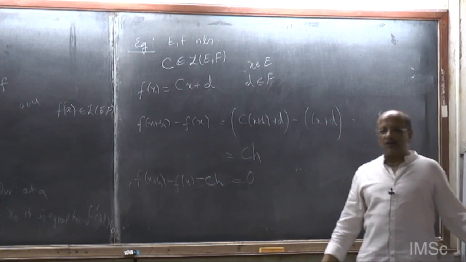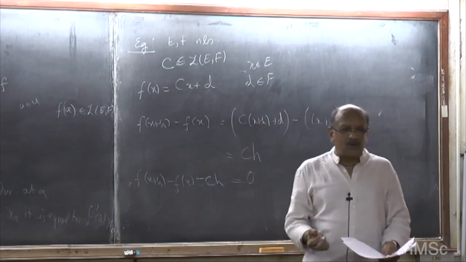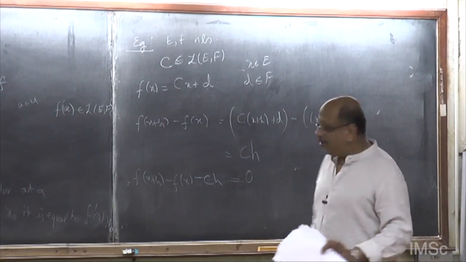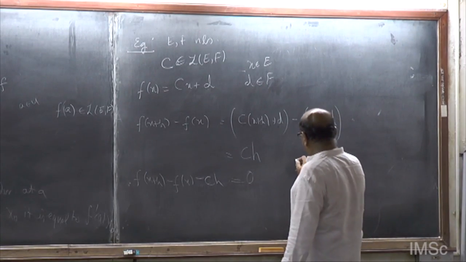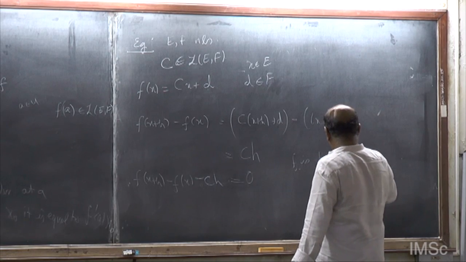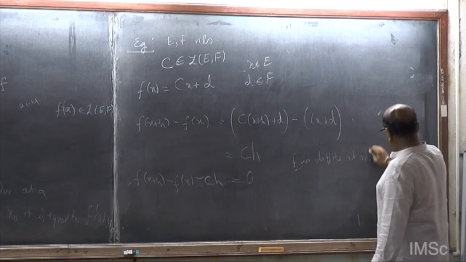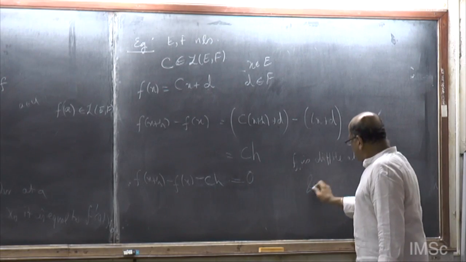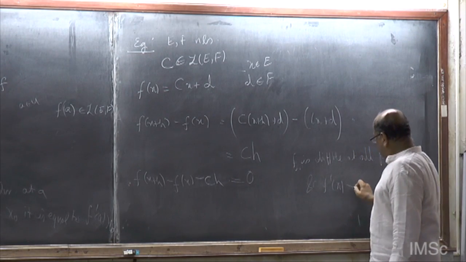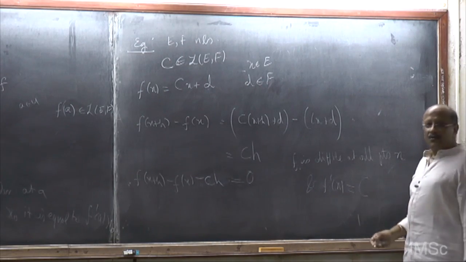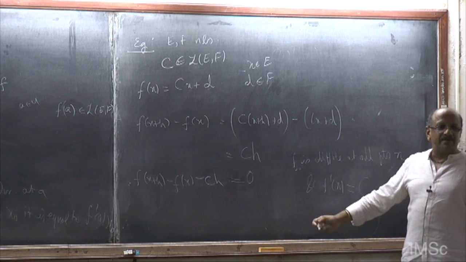So, it is much more than what I hoped for. What did I want? I want something little o of something, but I get just 0. So, I am very happy. So, I can write f is differentiable at all points x and f'(x) equals C. So, this is what I mean by saying derivative is a constant.